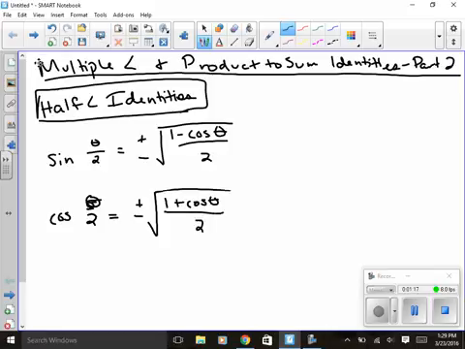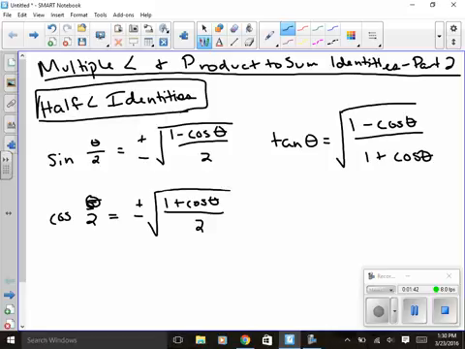And then there are a couple different ways for the tangent. I'm just going to give you the main meat of it, which is the square root of 1 minus cosine of theta over 1 plus cosine of theta. Sorry, that's a plus or minus as well.